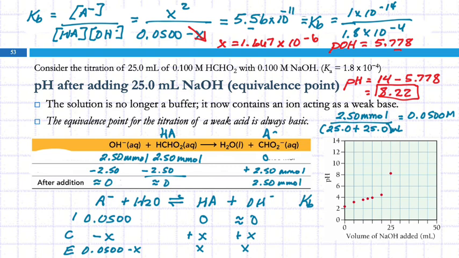What was the pH at the equivalence point when we titrated the strong acid? It was 7, right? This one is going to be a little bit basic because when we neutralize this weak acid, we form something that acts as a weak base. Any questions about that?